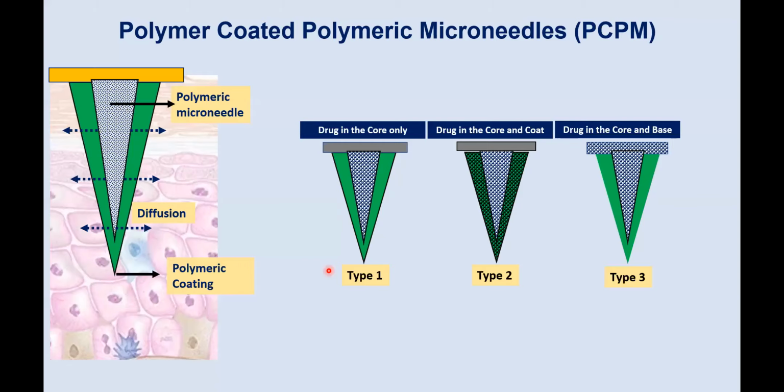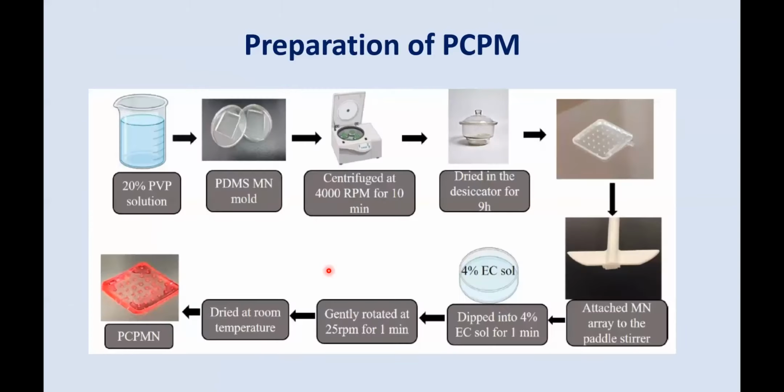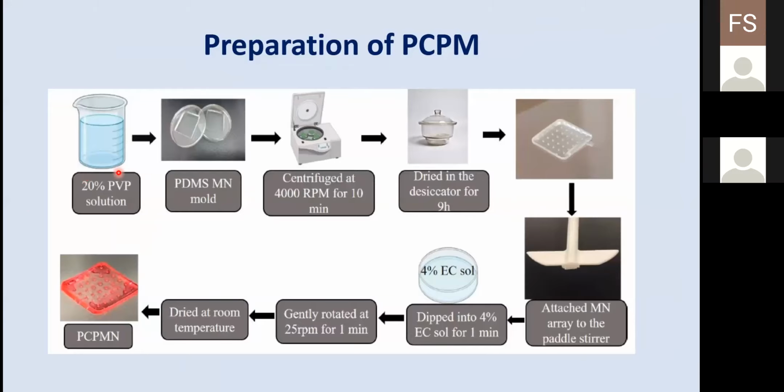And then we prepared microneedles by the regular mold casting technique, and then the coating was done by the dip and spin technique, where the microneedles were dipped into a suitable polymeric solution.